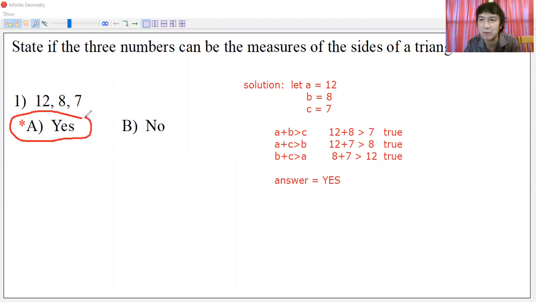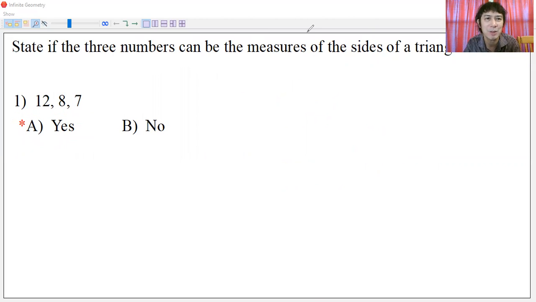That means it's correct. Your selected answer is true. It's yes. This is very simple, you only need to do a little calculation. So we remove the asterisk and proceed to number 2.